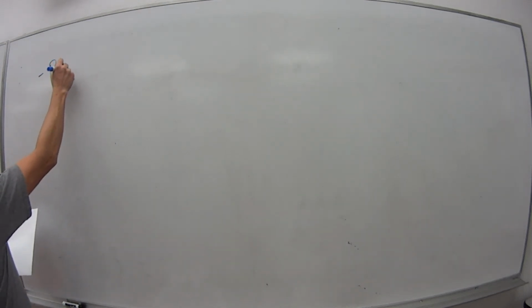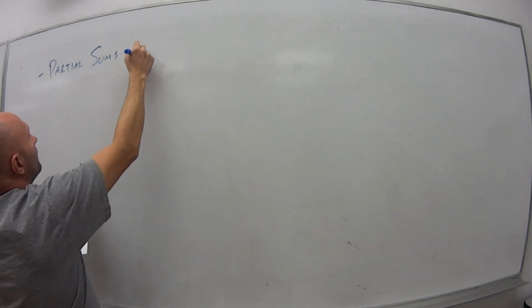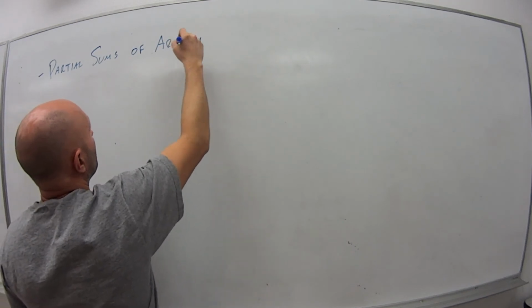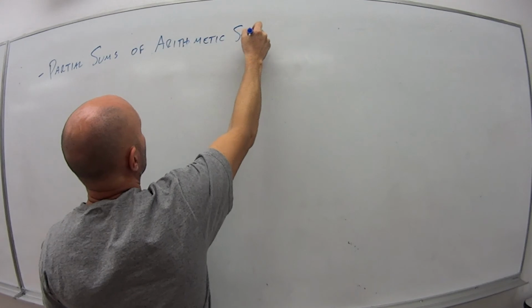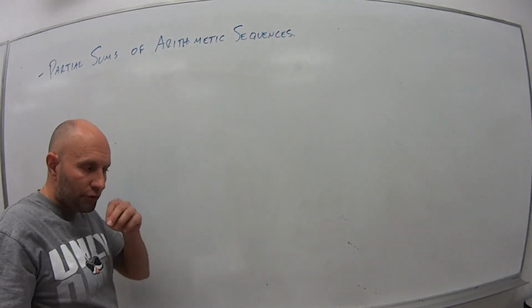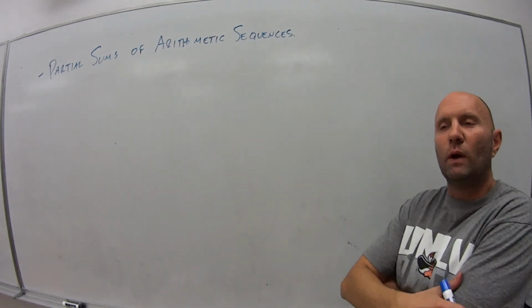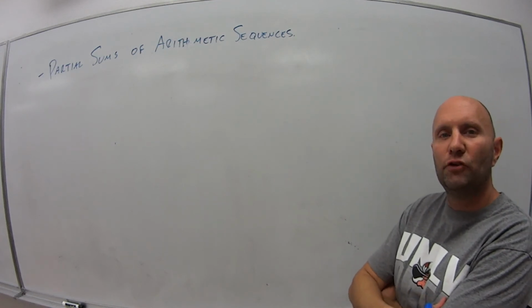All right, so this last little bit I'm going to give you here has to do with partial sums of arithmetic sequences. And what partial sums means is that, let's say I have a sequence and I want to know the sum of the first 10 terms.